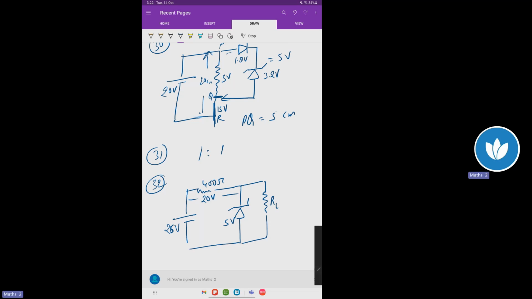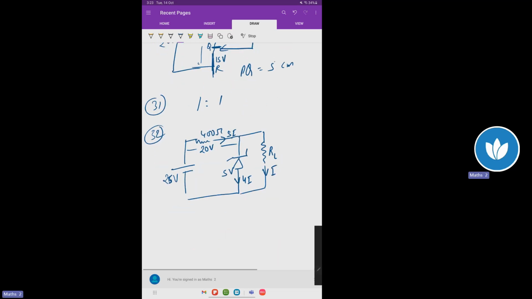And the current condition is the Zener current is found to be 4 times load current. Load current is I, then this current is 4I. So total current becomes 5I. So 5I is equal to 20 divided by 400, that is 1 by 20. This becomes 0.05 ampere.